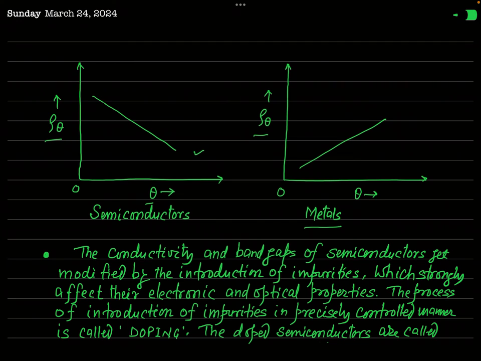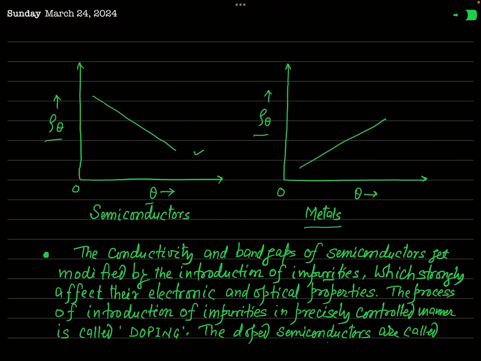Increment of temperature is one of the means, one of the factors responsible for increment of its conductivity and decrement of its resistivity. But there are several means for this. One of the important means for increasing the conductivity and decreasing the resistivity of a semiconductor is to introduce some impurities in the pure crystal of the semiconductor.